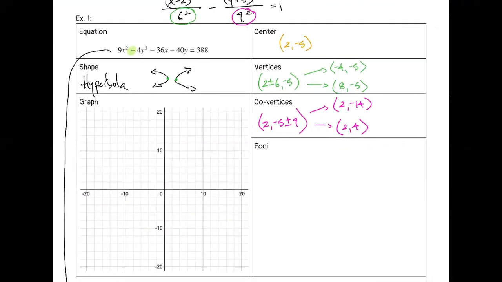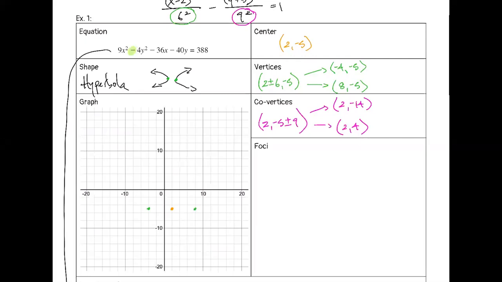So before we find our foci and our asymptotes, let's actually plot our center, our vertices, and our co-vertices, so we can start to get an idea of what this looks like. I've got my center at 2, negative 5. I've got my vertices at negative 4, negative 5, and 8, negative 5.